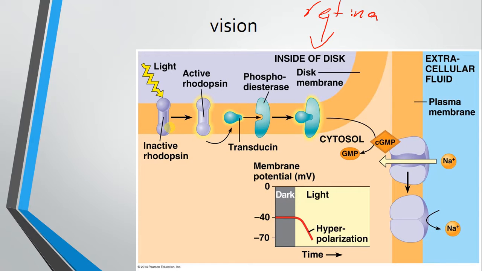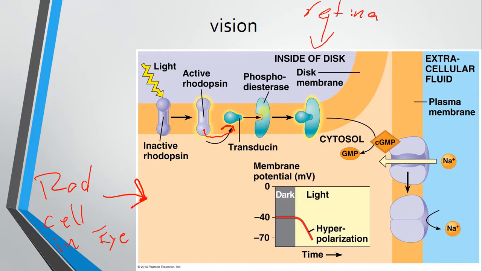Rhodopsin in the rod cells. So this is a rod cell in the eye. Rhodopsin is a chemical that is activated by light. So when light hits rhodopsin, it activates it. And active rhodopsin signals a transducin protein to activate phosphodiesterase.